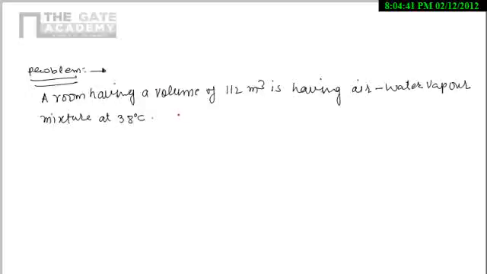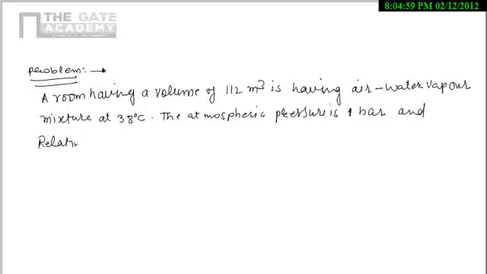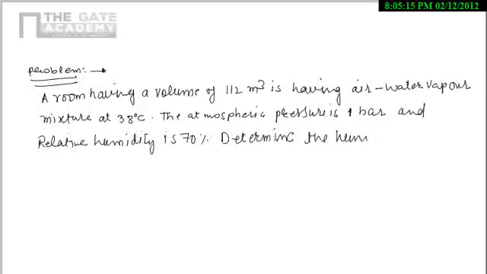The atmospheric pressure is 1 bar, and the relative humidity is 70%. Determine the humidity ratio.